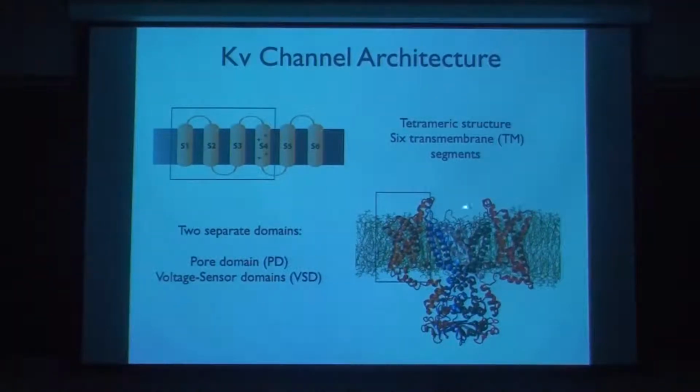So the channel in the middle is passive, and some of these channels are in fact completely passive because they do not contain the voltage sensing domains, here shown in red and in gold. So you just don't have them, and then you have an average conductivity fixed in time.